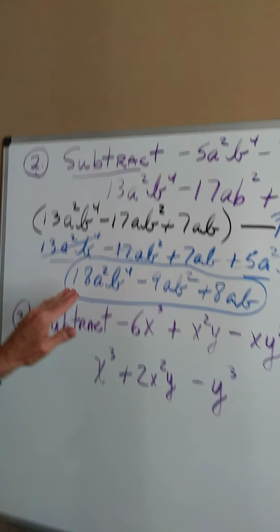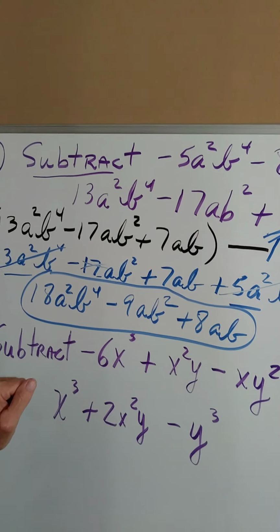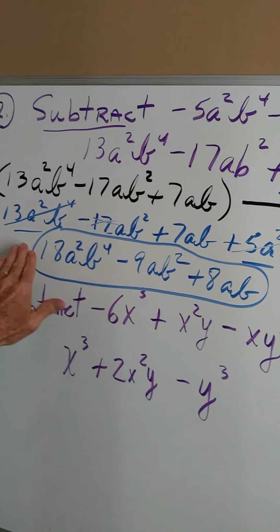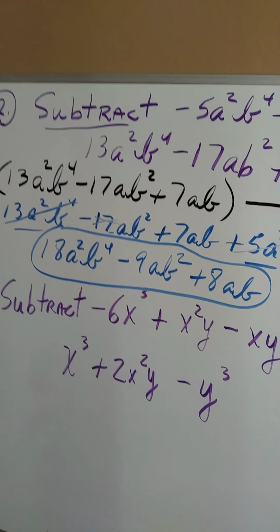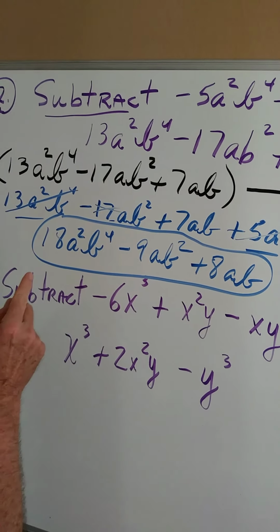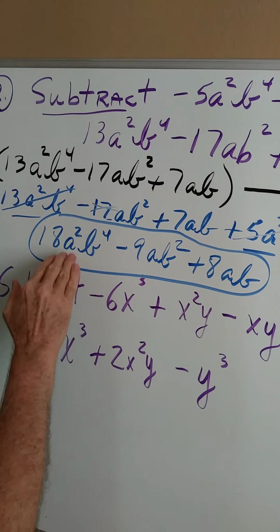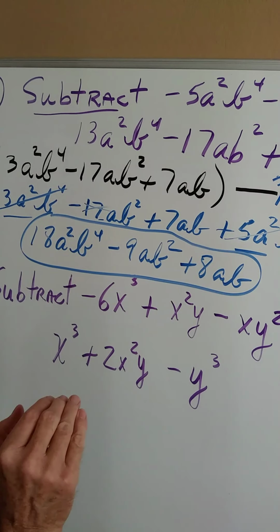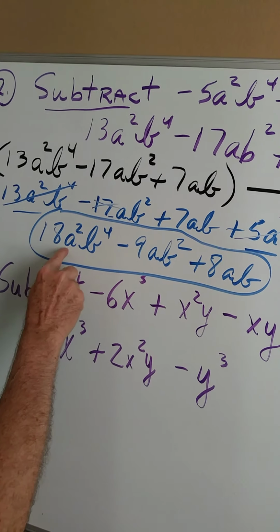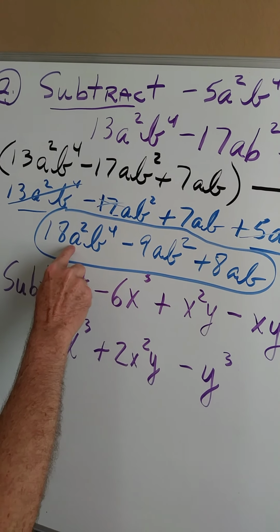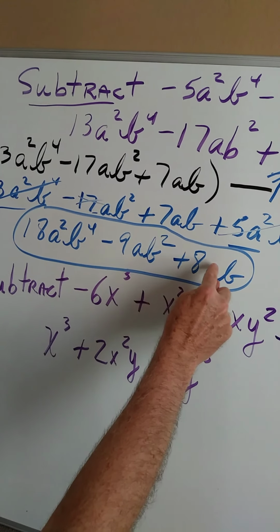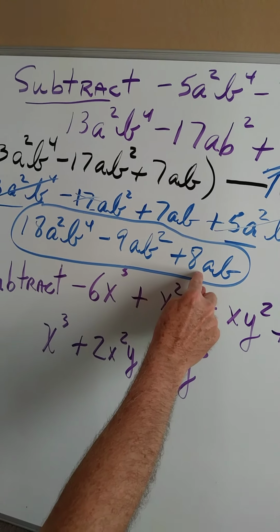By the way, not to lose this one because it's a good one, if we were to classify this polynomial as a trinomial and identify its degree, you first identify the degree of each term, then pick the greatest value. 2 plus 4, the degree of the first term is 6. 1 plus 2, the second term is 3. 1 plus 1, the third term is 2.